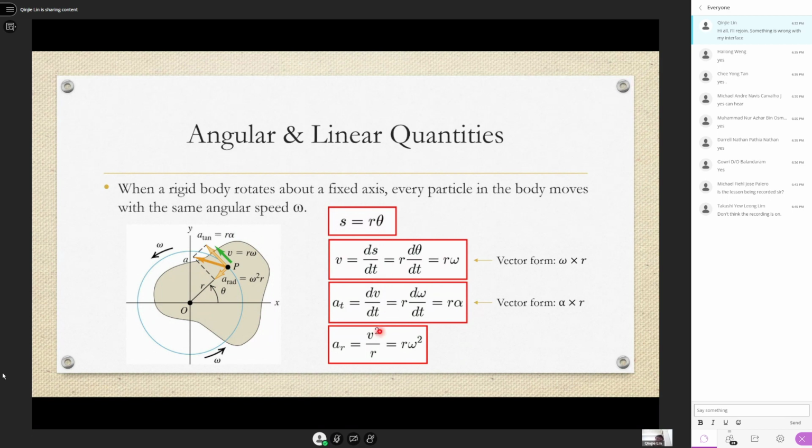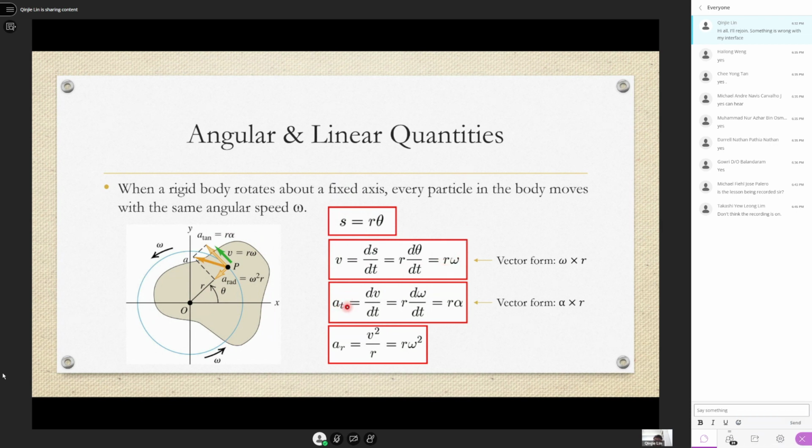So these are the formulas again. S equals r theta. S is the displacement, theta is the angular displacement. So it's related in this manner. You see there's a pattern. For velocity, again, it will be radius times the angular counterpart. So v equals r omega.